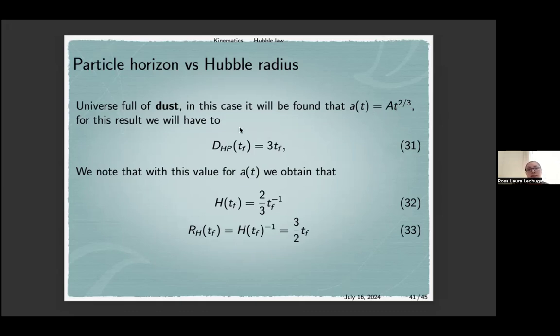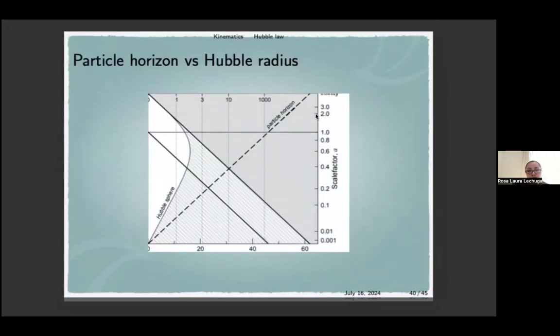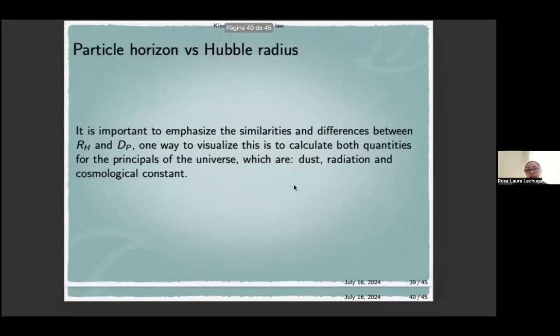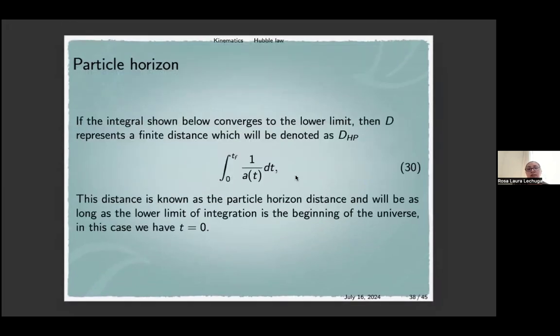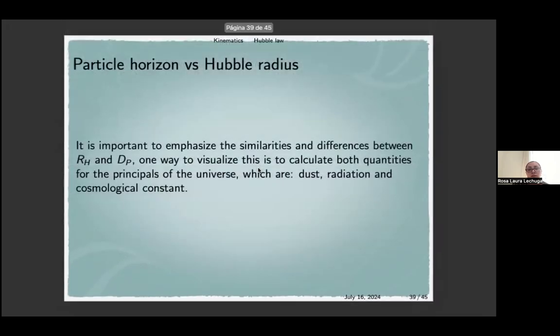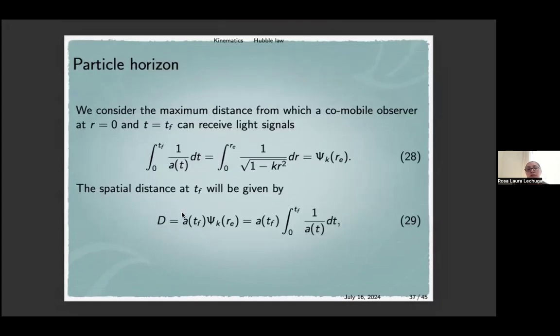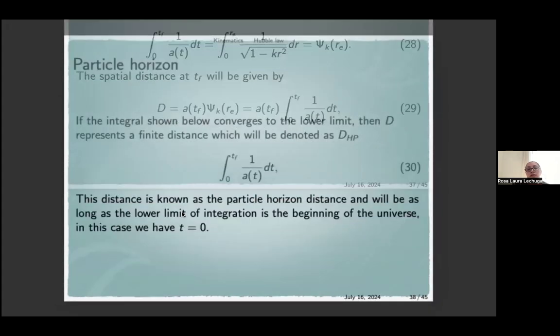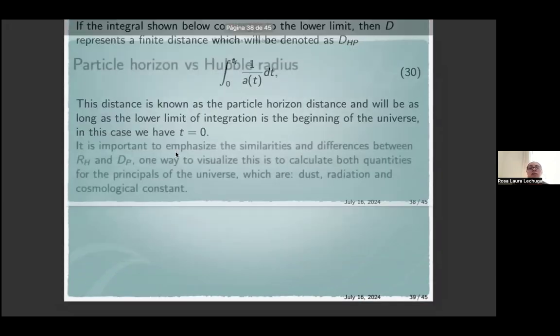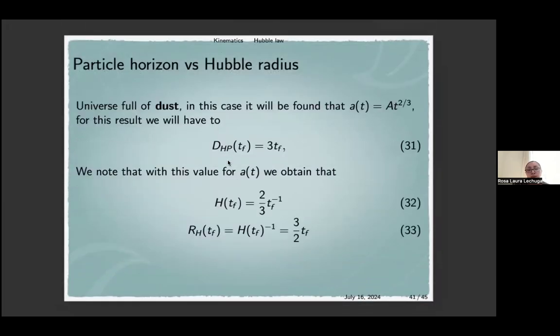Then you can take this integral, ensuring that the integral converges, and you have to multiply by this factor, and you get this expression. And this is the particle horizon.